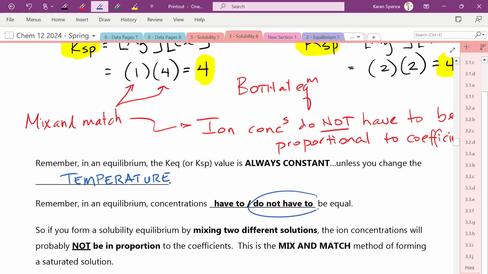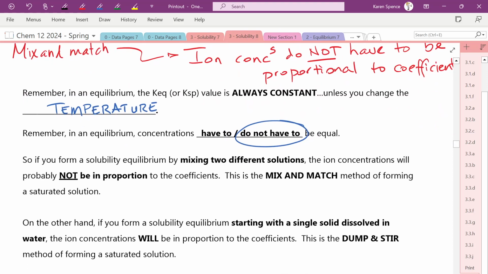They do not have to be equal. So if you form a solubility equilibrium by mixing two different solutions, the ion concentrations will probably not be in proportion to the coefficients. And this is our mix and match method of making a saturated solution.